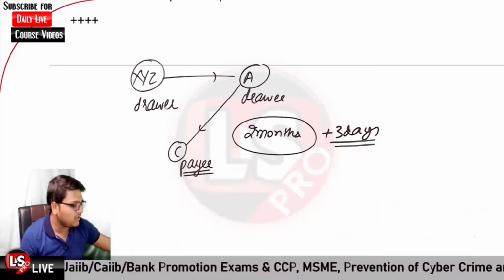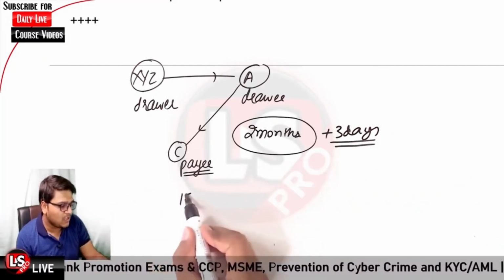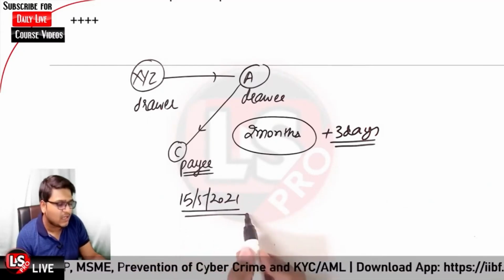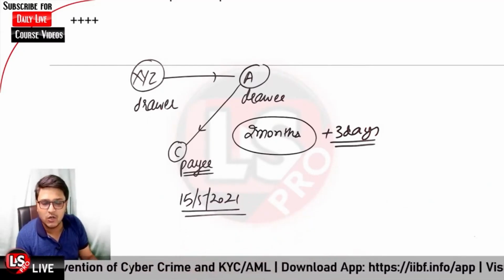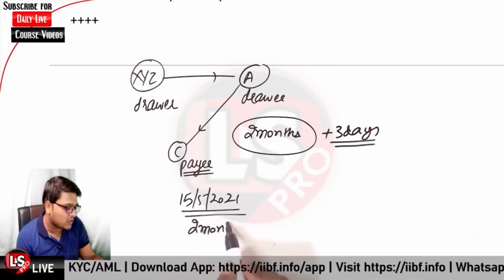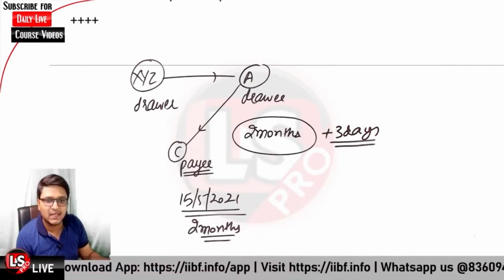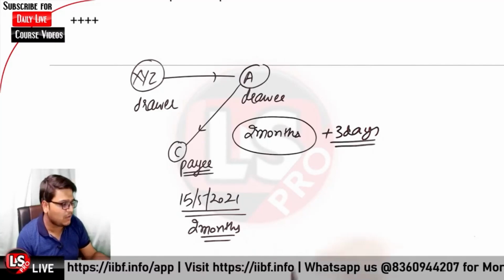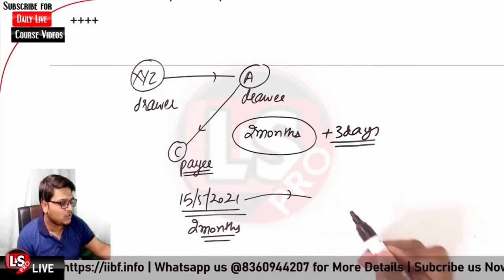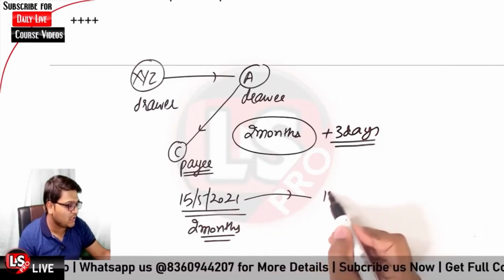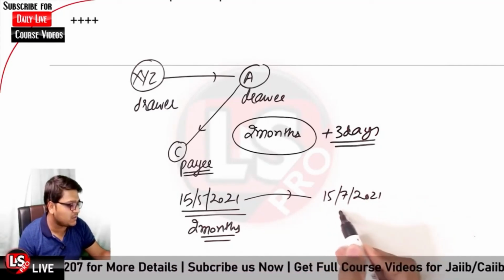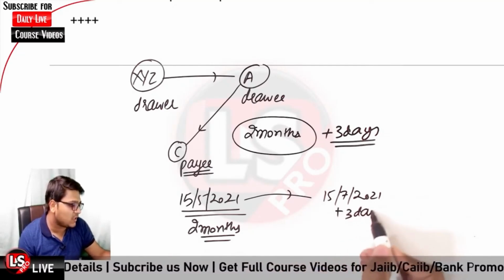Okay, so if the bill was drawn on the 15th of May 2021 and it was said that A was given an unconditional order to pay the amount after 2 months, now in that case, what would be the due date? It would be 2 months from here on, that is May, June, July. So it would be 15th of July 2021 and further 3 days of grace are to be given.